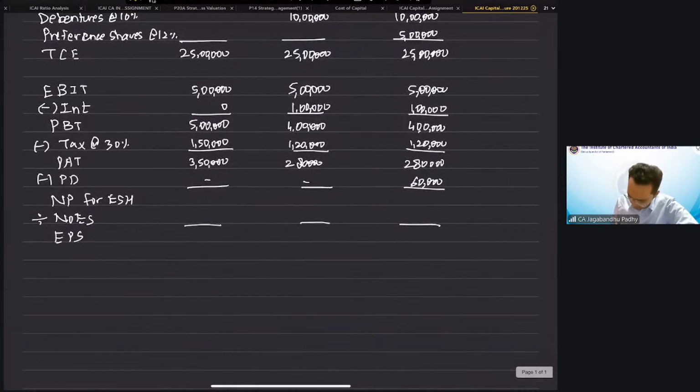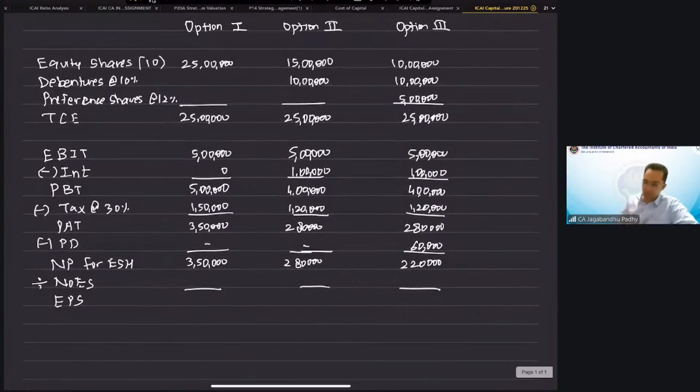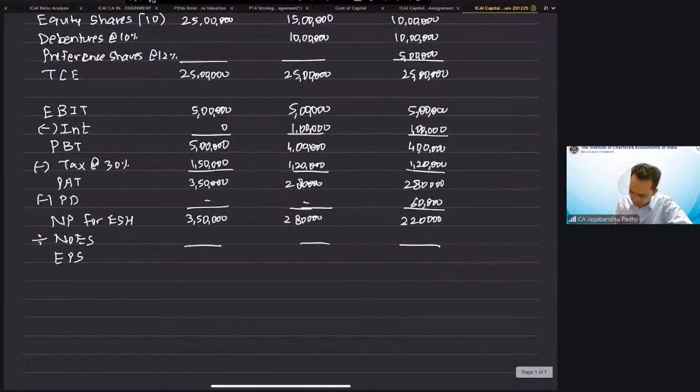So we have the net profit for equity shareholders: 3,50,000, 2,80,000, and 2,20,000.